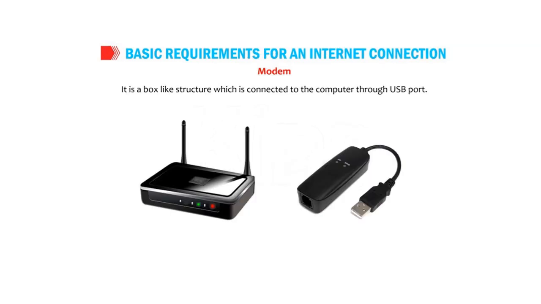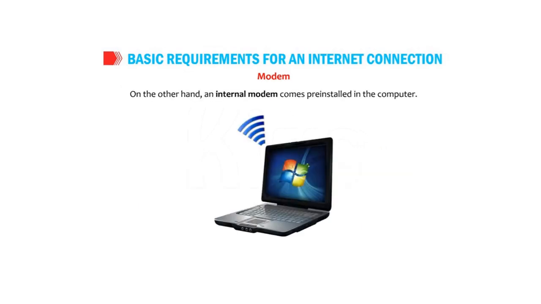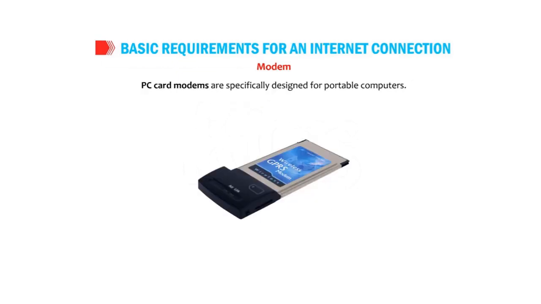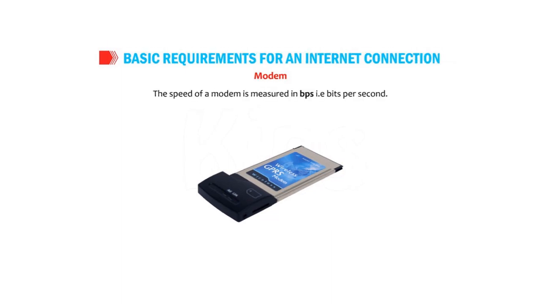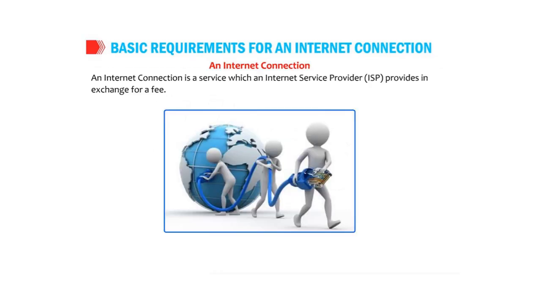It is a box-like structure which is connected to the computer through USB port. On the other hand, an internal modem comes pre-installed in the computer. PC card modems are specifically designed for portable computers. They are roughly the size of a credit card. The speed of a modem is measured in BPS, that is bits per second.